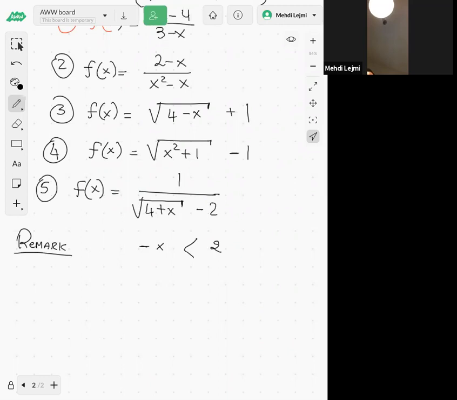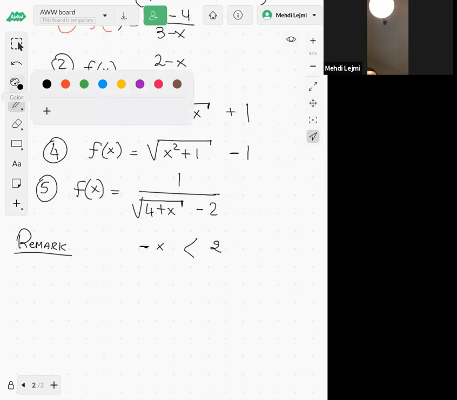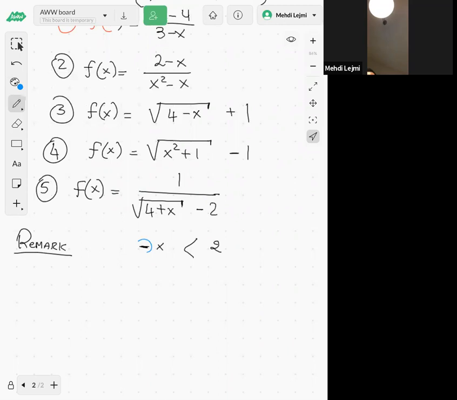And of course you want to solve for x, right? And you want to get rid of this negative. So the idea would be, if you want to get rid of the negative, you would either multiply by -1 or divide by -1. Let's say you multiply by -1, to get rid of this negative.